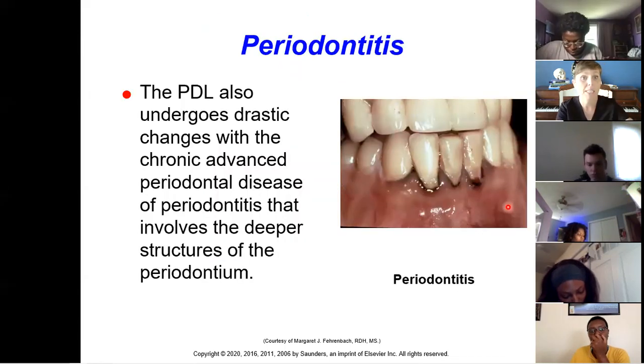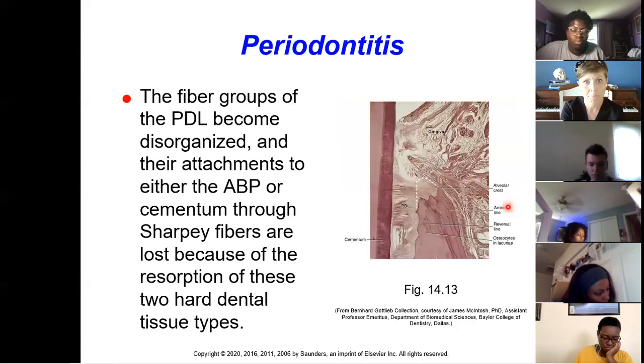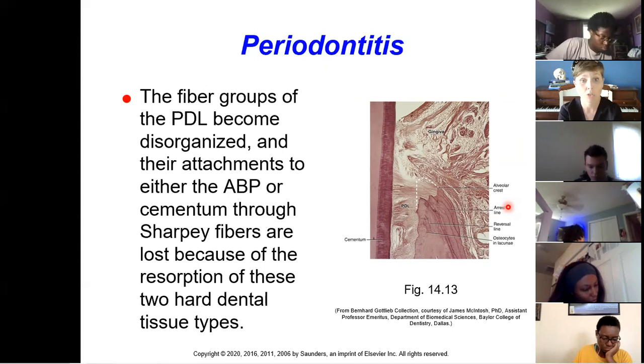Periodontitis. The PDL undergoes drastic changes with chronic advanced periodontal disease that involves the deeper structures of the periodontium. The fiber groups of the PDL become disorganized, and their attachments to either the alveolar bone proper or the cementum through the Sharpey's fibers are lost because of the resorption of these two hard dental tissue types.